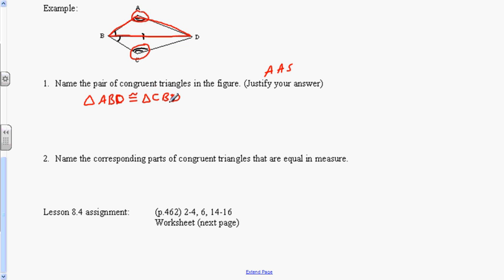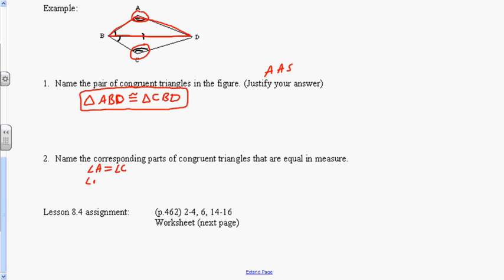Now once you've made this statement, it has a lot of weight because then you can say the corresponding parts are congruent also, or equal, as the corresponding parts of congruent triangles are equal, says. So that means that we can say angle A is equal to angle C. Now again, we have the picture, but if I just gave you this, you could come up with the same information.